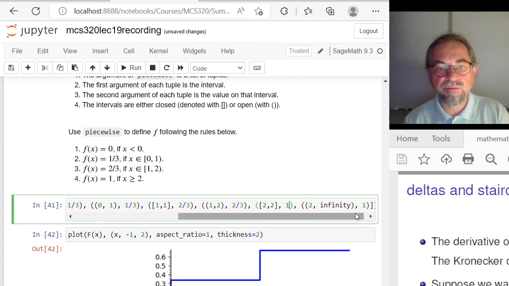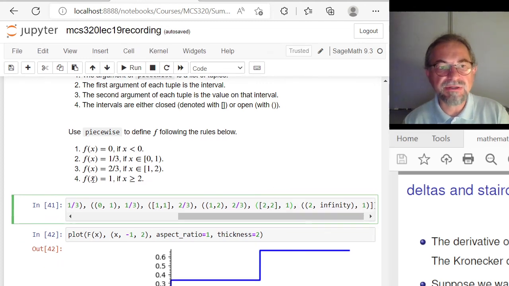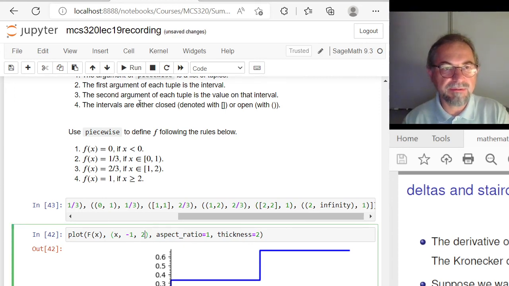Rule 4 looks like a simple rule written down mathematically, but I cannot include infinity. So it would be wrong to write 2 comma infinity with the square brackets. So I have to define 2 separately, and then the half open interval, the interval 2 to infinity is an open interval. Okay, so let me define this and make the plot.